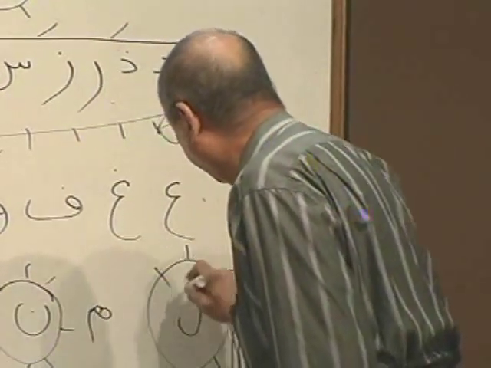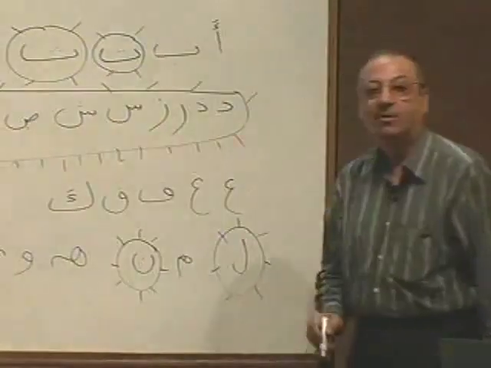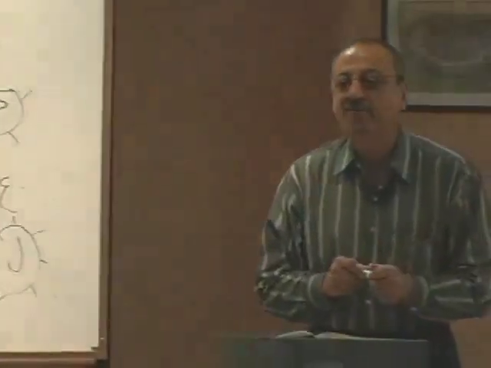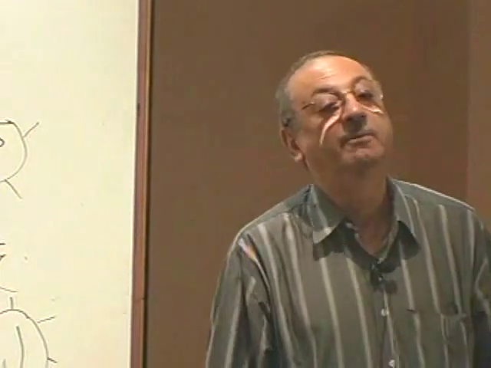This is sun, okay? Now, when you have Al coming, if it is a moon letter, you will pronounce it. What will you pronounce? You will pronounce the lam. See, you will pronounce the lam.